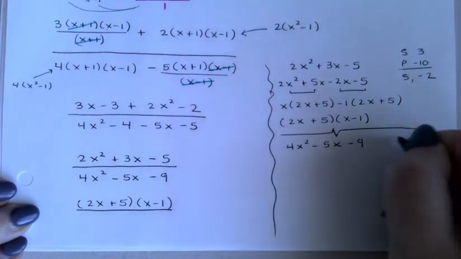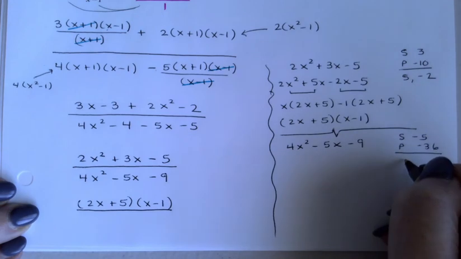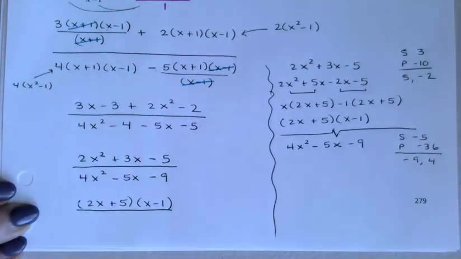It's going to need a sum of negative 5 and a product of negative 36. So I'm thinking negative 9 and 4 on that one.